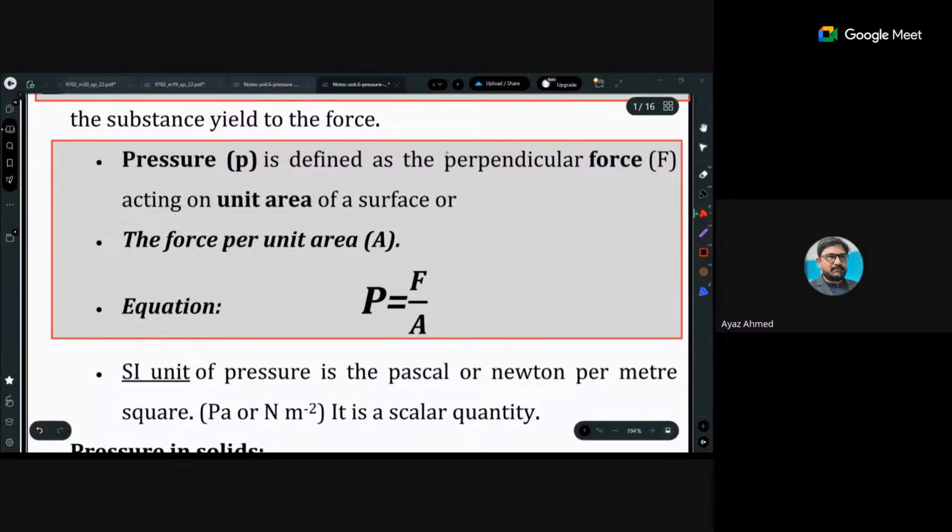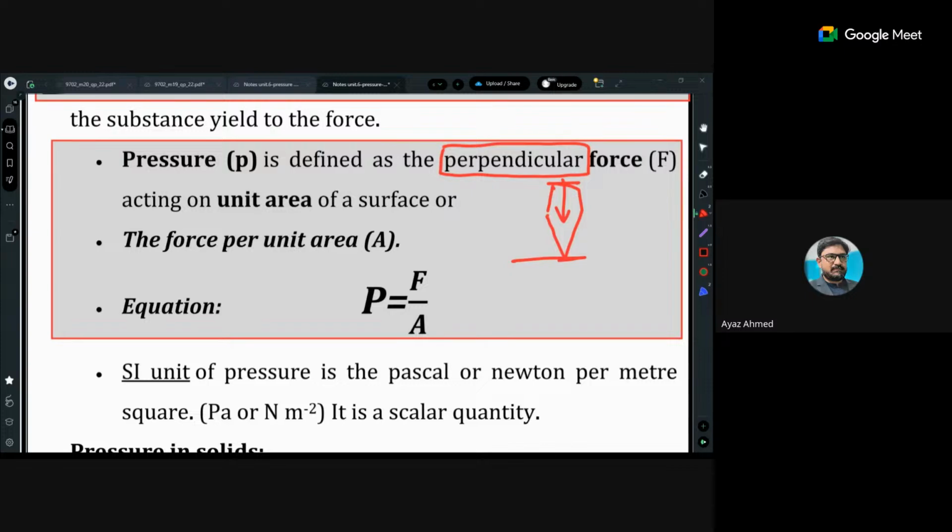When I use the word perpendicular, it means that if you have a knife, you must apply a perpendicular force on its edge to cut a piece of paper or wood or whatever you are going to cut. The perpendicular force acting on a unit area of the surface of the body makes it pressure.